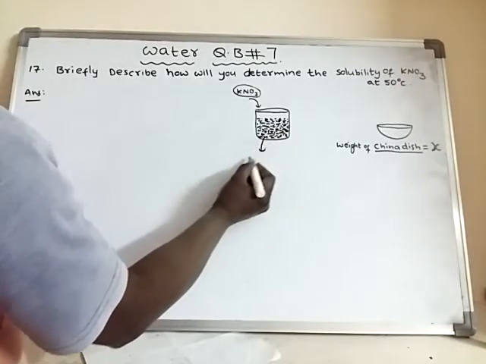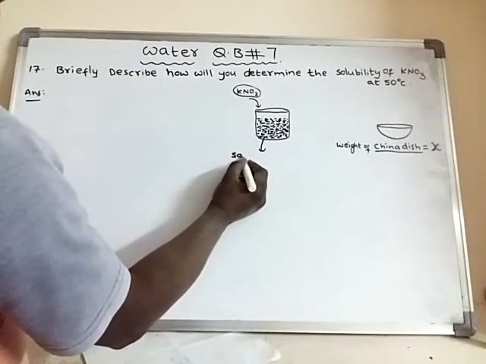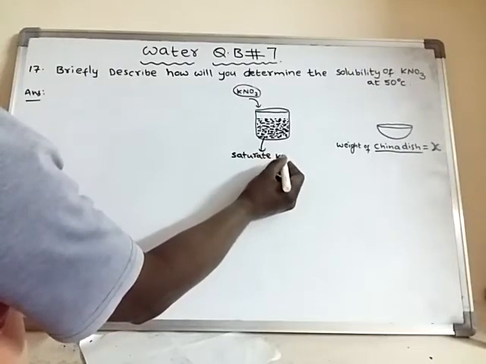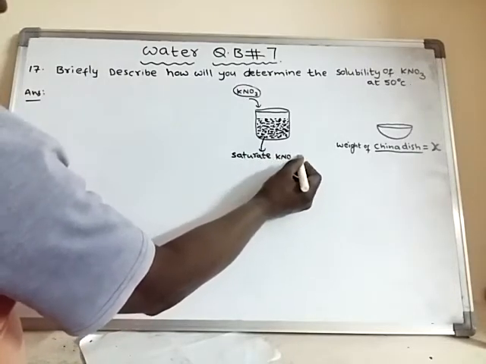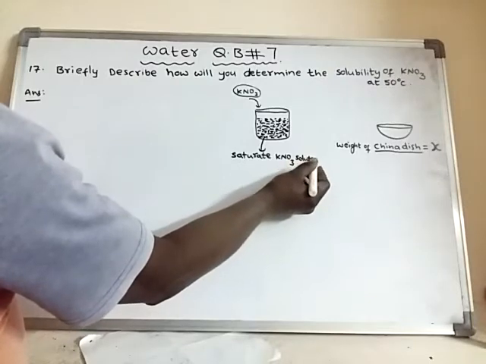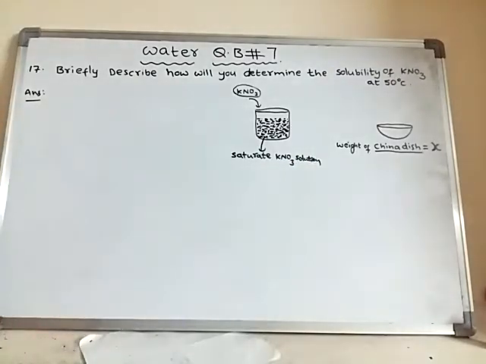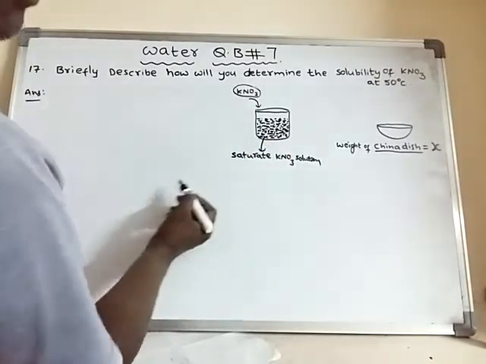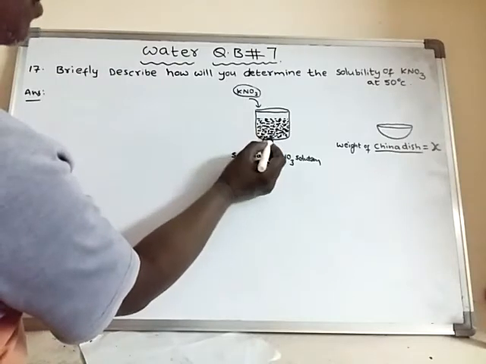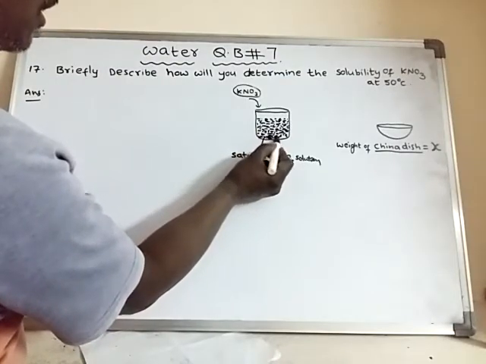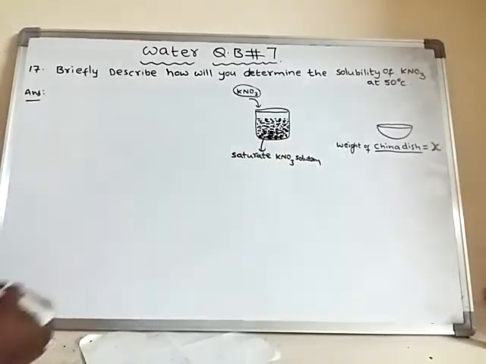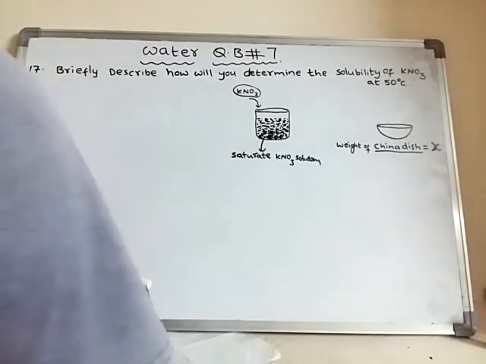When the saturated solution is formed and you add some extra potassium nitrate, it remains undissolved because of the absence of gaps between the water molecules.